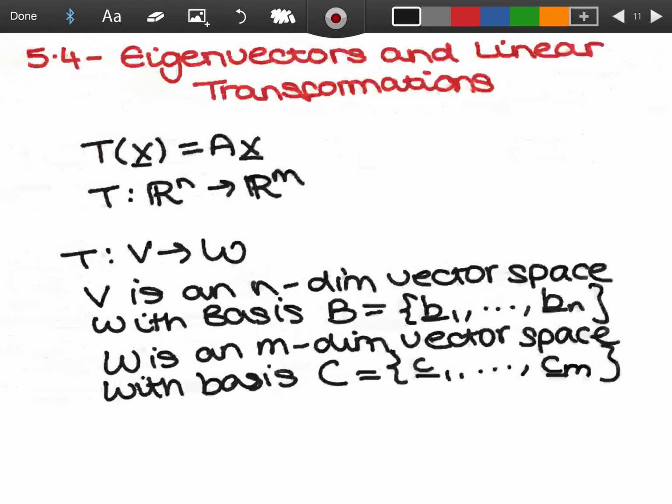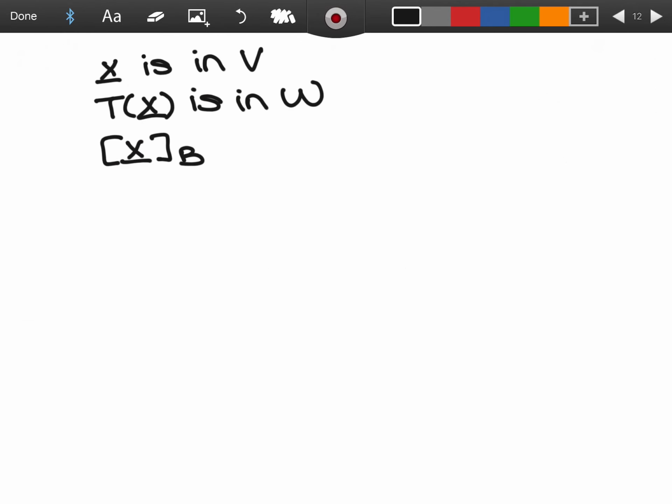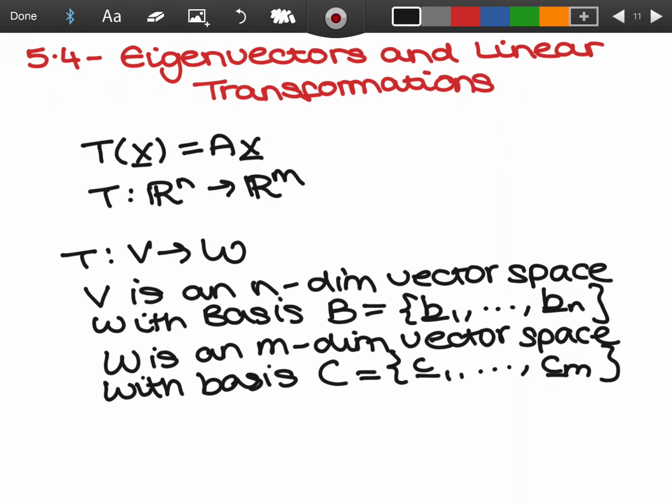X with respect to B would be our B-coordinates of X. So it's the coefficients of these B1 through Bn vectors when I write X as something times B1 plus something times B2, etc. It's those coefficients that will form this B vector for X. If that is the case and it's made up of the coefficients of B1 through Bn, that means that X with respect to B must be an n-dimensional vector.